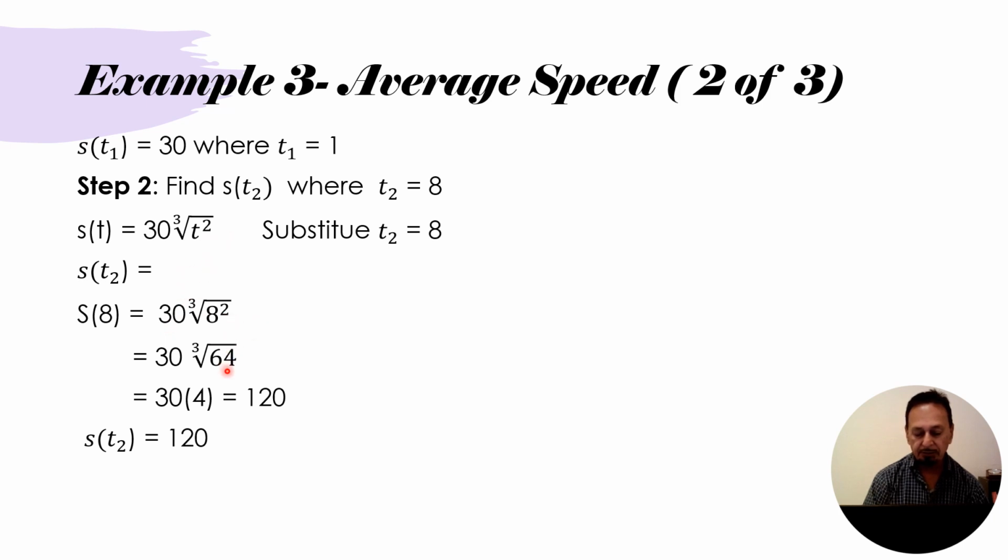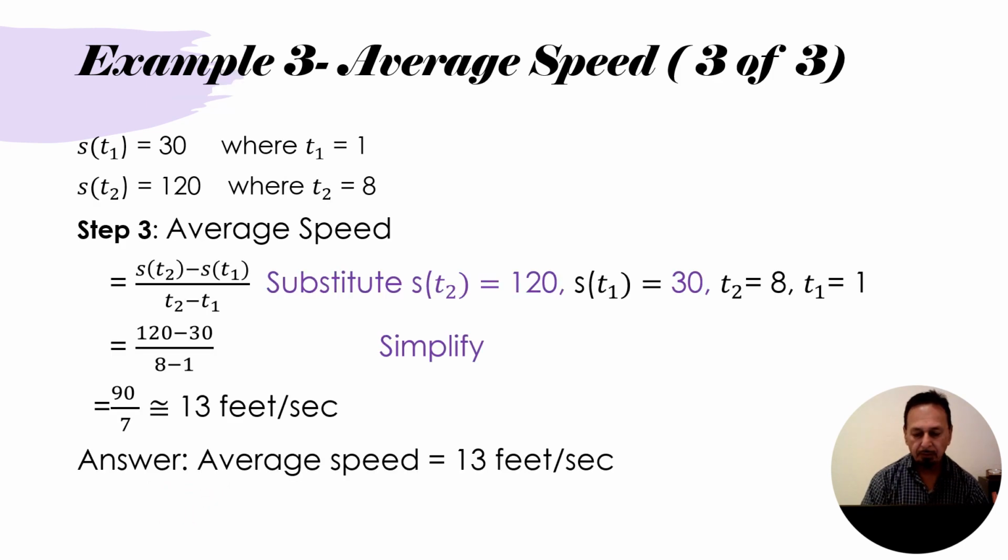Now 8 squared is 64 and the cube root of 64 is 4. So you have 30 times 4, which is 120. So s of t2 is 120. So we have found s of t1 equals 30, where t1 is 1, and s of t2 is equal to 120, where t2 is equal to 8.